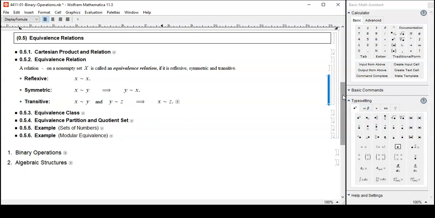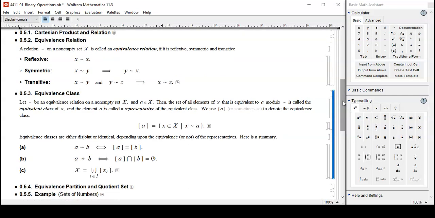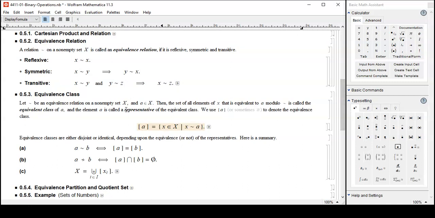As for equivalence relations, we have something called an equivalence class, the set of all elements that are related to a certain starting element A, which we call a representative, and that's called the equivalence class of the starting element A. It turns out that the starting set X can be written as a partition, that is, a disjoint union of equivalence classes.